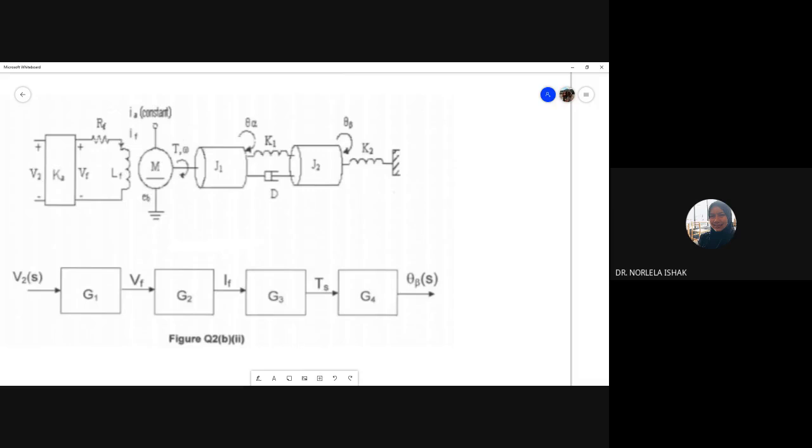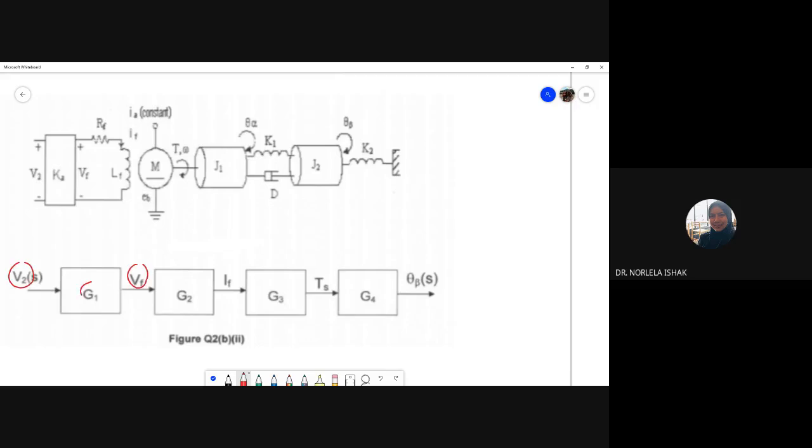G1. G1 is the transfer function belonging to what? Can you see from here? G1 represents the transfer function for which system? I give you VF, I give you V2.